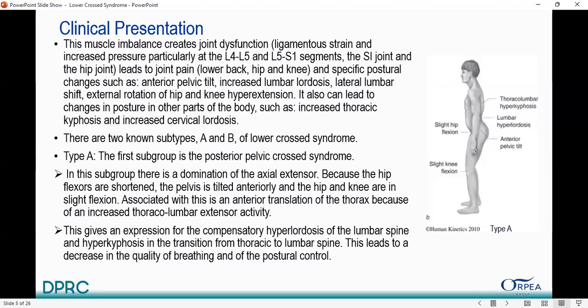Associated with this is an anterior translation of the thorax because of increased thoracolumbar extensor activity. This picture is showing type A pelvic cross syndrome. This gives an expression of compensatory hyperlordosis of the lumbar spine and hyperkyphosis in the transition from thoracic to lumbar spine, which leads to decreased quality of breathing and postural control.